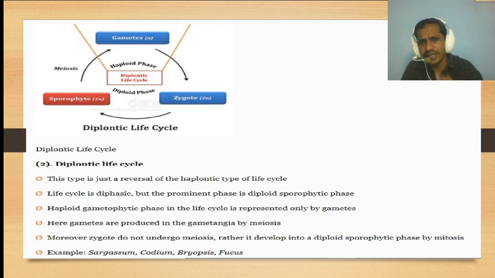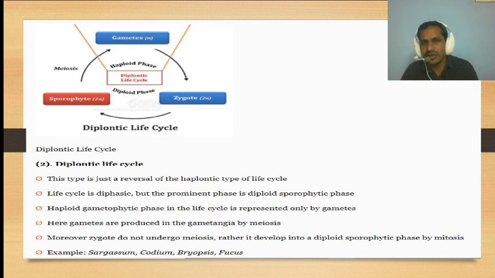The life cycle here is also diphasic in nature, with two phases: a prominent diploid sporophytic phase, and a haploid gametophytic phase in the life cycle that represents only the formation of gametes alone. Here the gametes are produced in gametangia by the process of meiosis or reduction division.